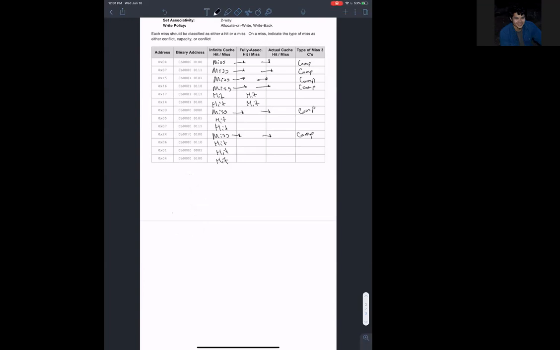So now let's get into the fully associative cache. And the point we're going to start on is this point right here. After we've read in those 4 addresses and we've had our hits, this is where our cache will look different than the infinite cache because we're adding in the new address 0x00 and we have a miss. So that means we're going to have to do some eviction.